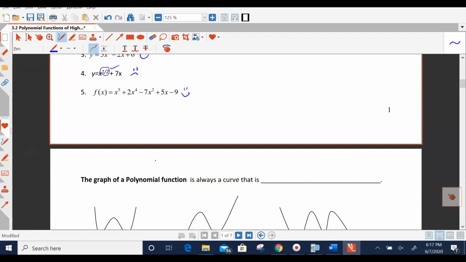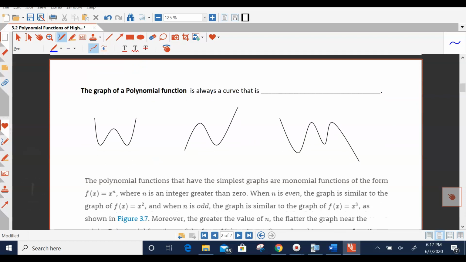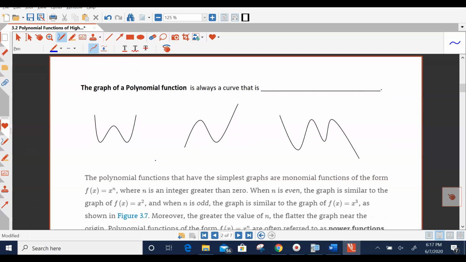So when we graph these polynomial functions, we're going to get some really cool curves that are always going to be smooth and continuous. All right, so we may see this W shape.